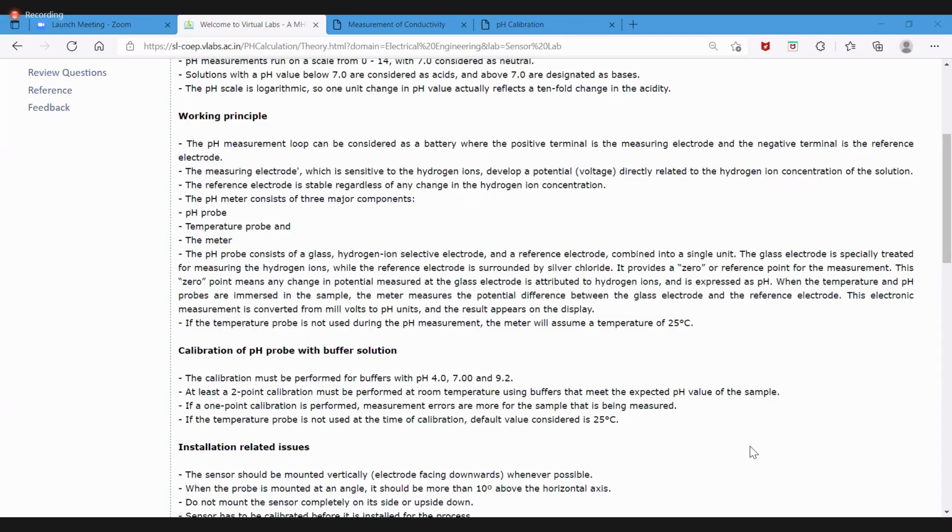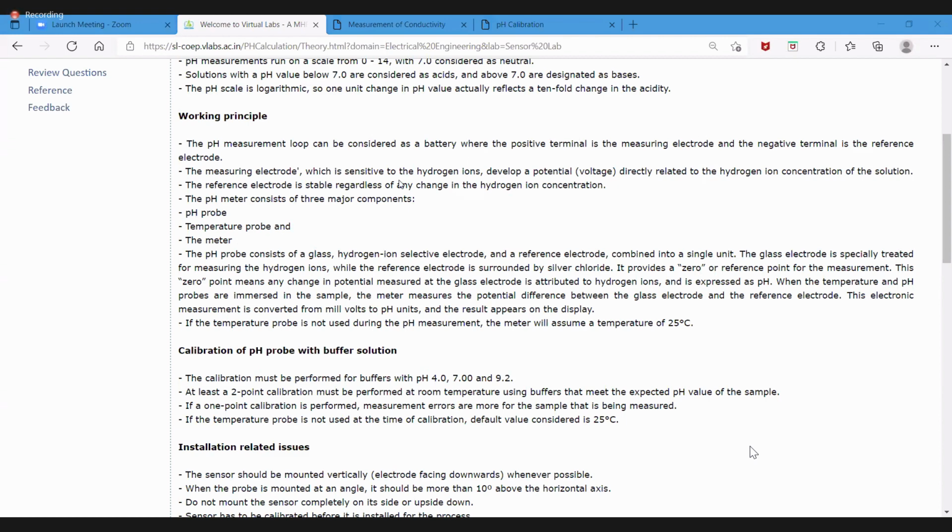Read out working principle. The pH measurement loop can be considered as a battery where the positive terminal is the measuring electrode and the negative terminal is the reference electrode. The measuring electrode, which is sensitive to the hydrogen ions, develops a potential voltage directly related to the hydrogen ion concentration of the solution.